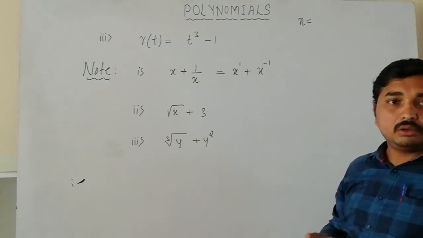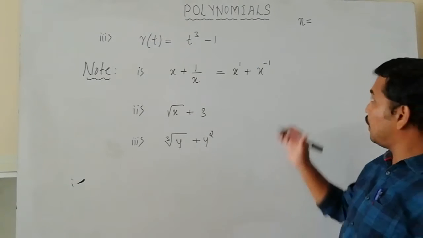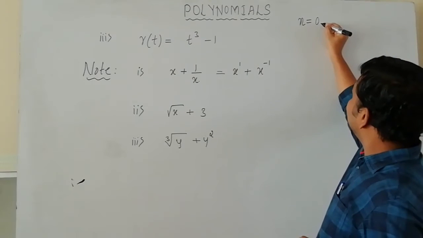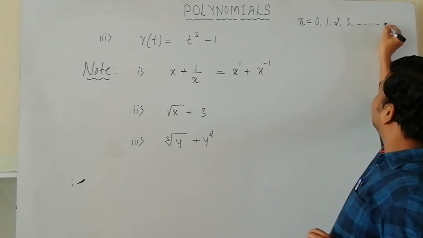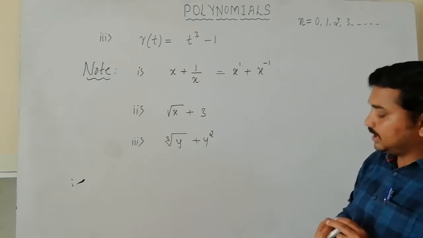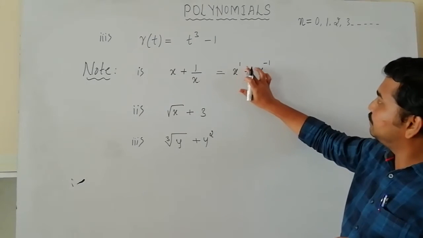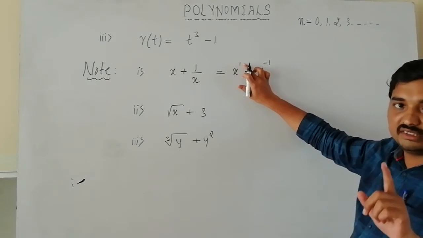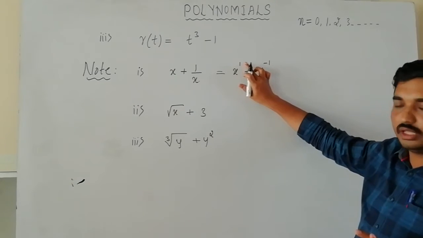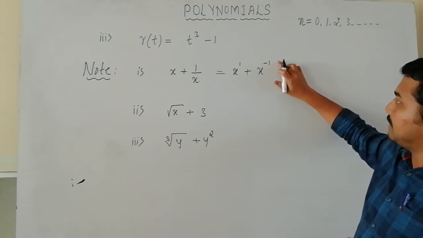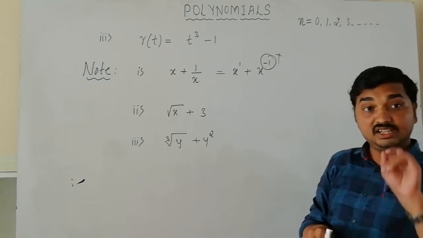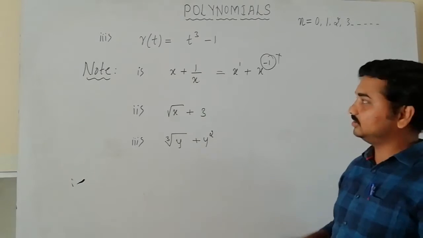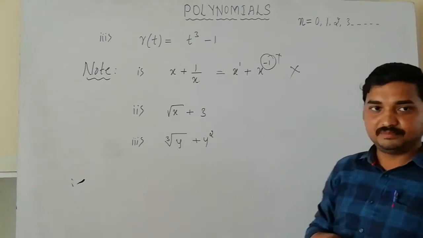N should be a non-negative integer. Non-negative integer means n can take values 0, 1, 2, 3 and so on. Now look at here, x power 1 is present, it is a non-negative integer definitely. But x power minus 1 is not a non-negative integer. It is a negative integer, so that's why it is not a polynomial.